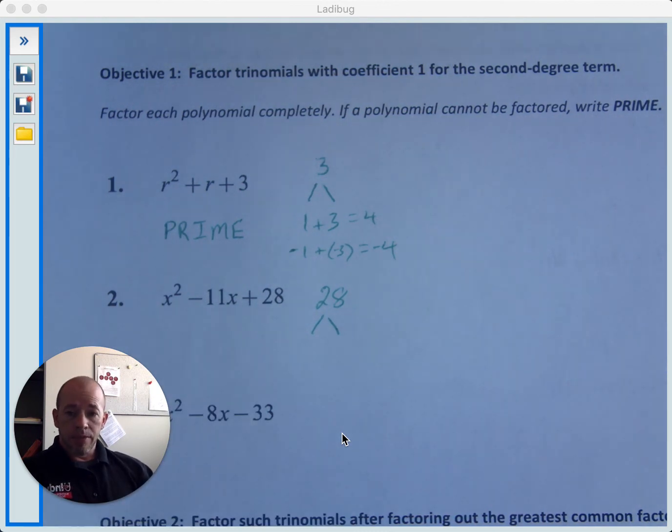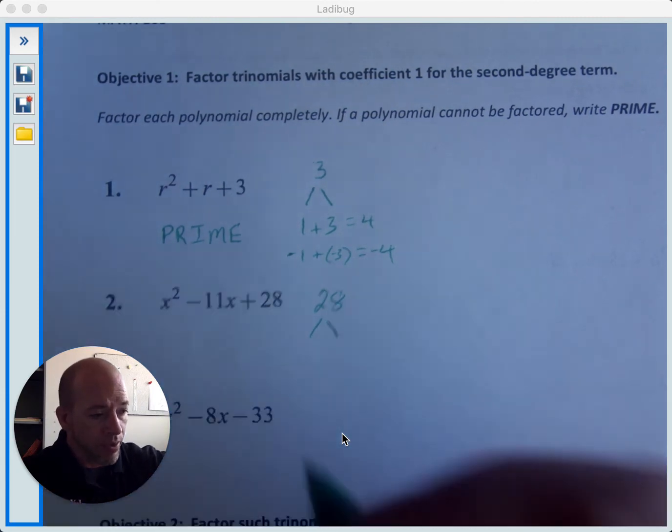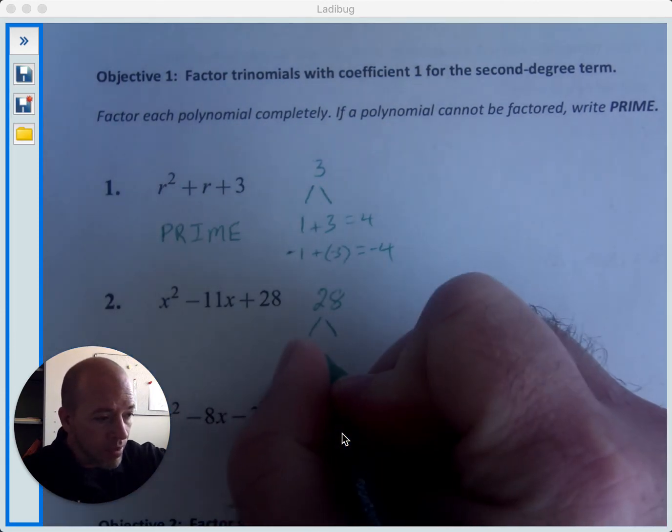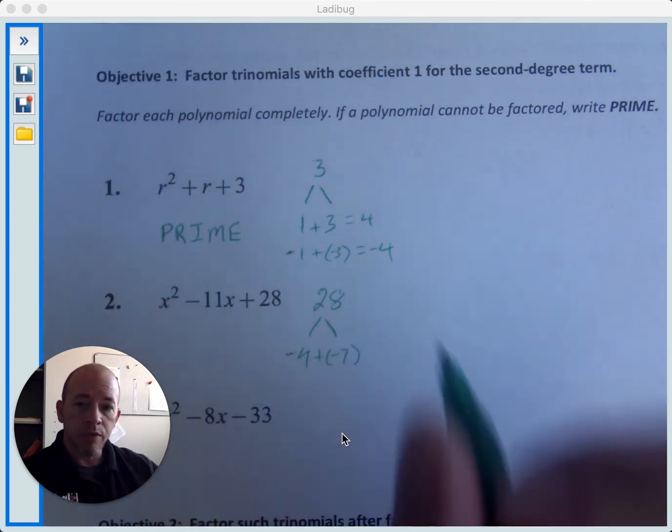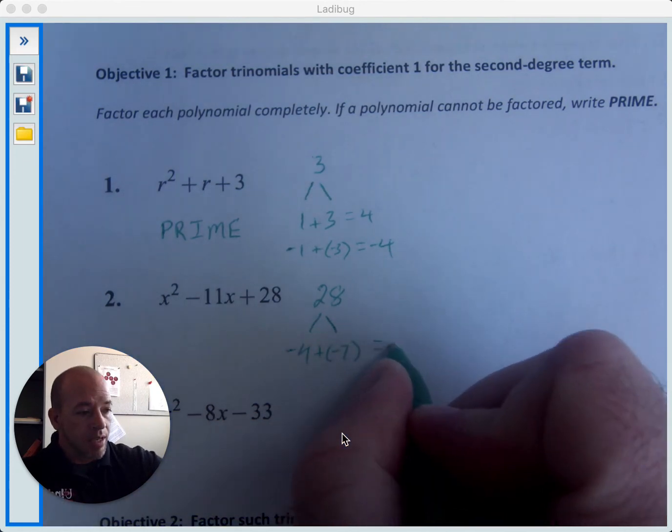If we think about the factors of 28, well, 1 and 28, that's not going to work. 2 and 14, that's not going to work. 3 doesn't go in 28. 4 and 7, well, 4 plus 7 is 11, but this is a negative 11. So we could use negative 4 and negative 7, right? Negative 4 times negative 7 is 28. And if we add them together, we get negative 11.